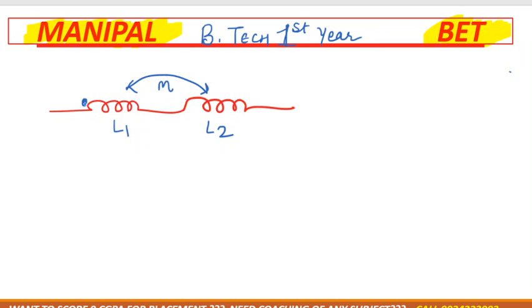Dot convention means if the dot is at the starting side, that means current is entering. I'm telling you separately also: if there is an inductor and the dot is on the starting side, here current is entering.